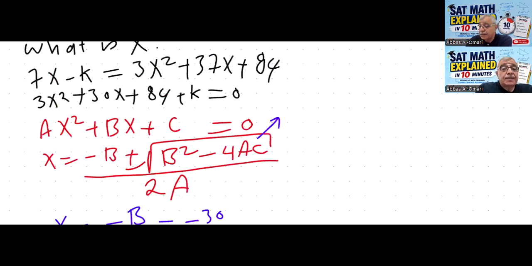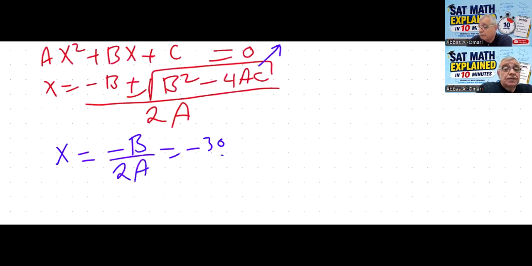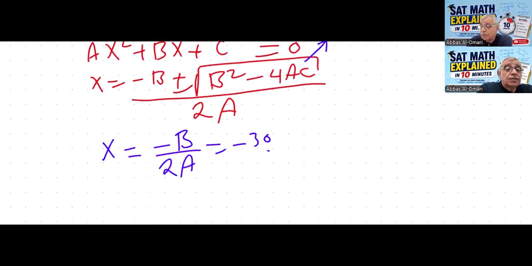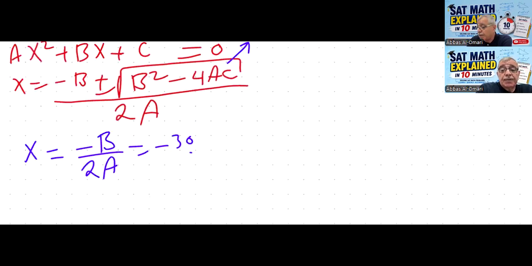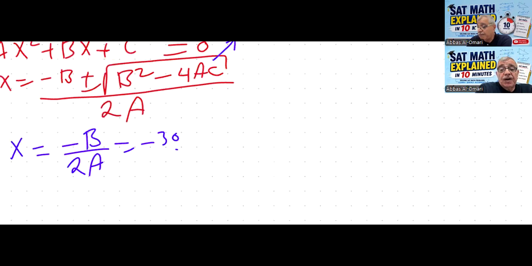Minus 30 divided by 6 is minus 5. So x equals minus 5. The solution to this system of equations is minus 5.